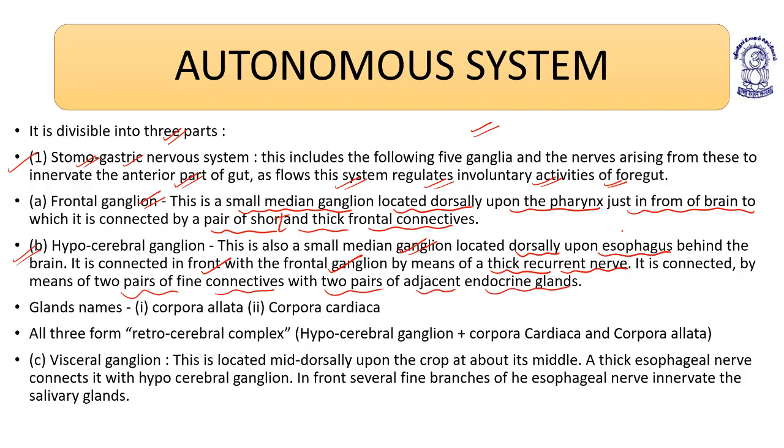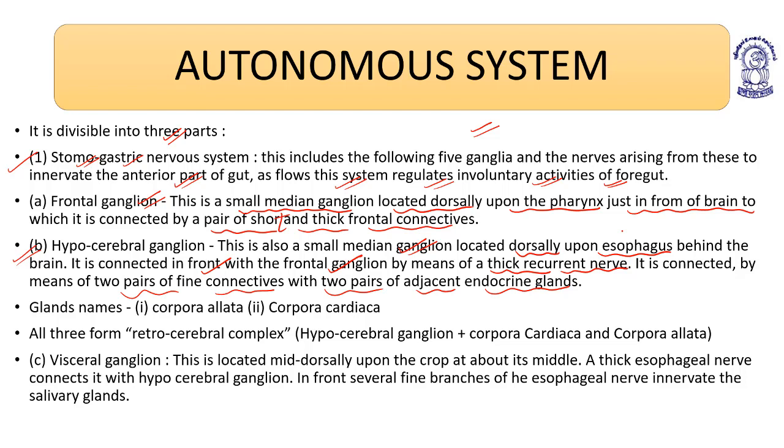So, the frontal ganglion is a small median ganglion located dorsally above the pharynx, just in front of the brain, connected by short, thick frontal connectives.